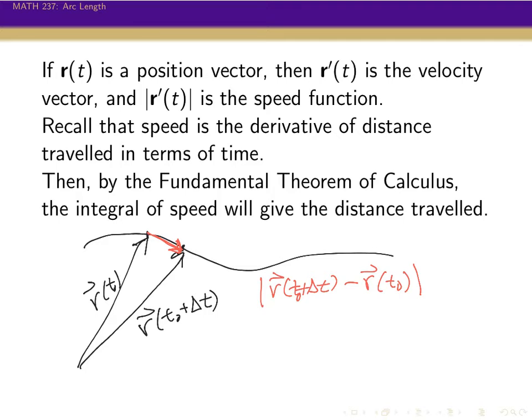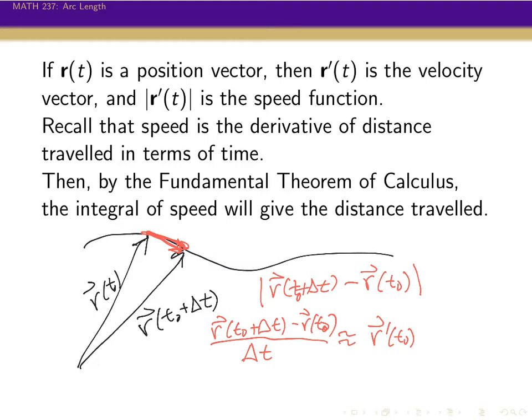On the other hand, this length is roughly the tangent to the curve. So if I did r of t naught plus delta t minus r of t naught and divided that by delta t, this looks very much like the formula for the derivative. If delta t is small enough, this is approximately the value of the derivative, r prime of t naught.